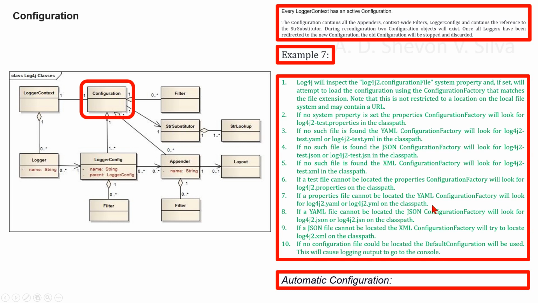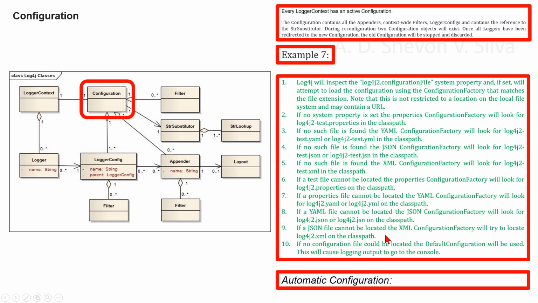If a properties file cannot be located, the YAML configuration factory will look for log4j2.yaml or log4j2.yml on the class path. Step 8. If a YAML file cannot be located, the JSON configuration factory will look for log4j2.json or log4j2.jsn in the class path.